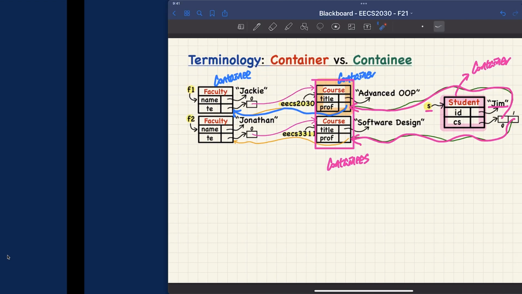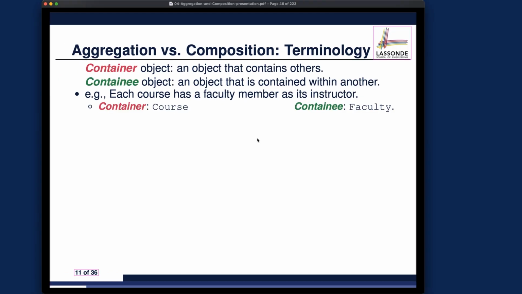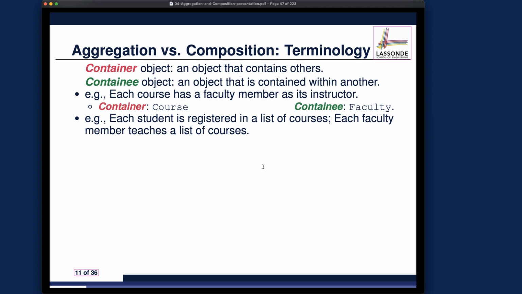The number of containees may be a single one, like a single instructor for the course, or it can be multiple ones. For example, each student is enrolled in a list of courses, so a list of courses is the list of containees. Also each faculty member teaches a list of courses, so course is also the list of containees.